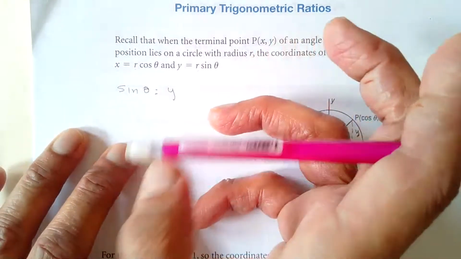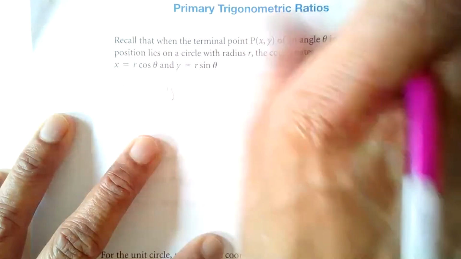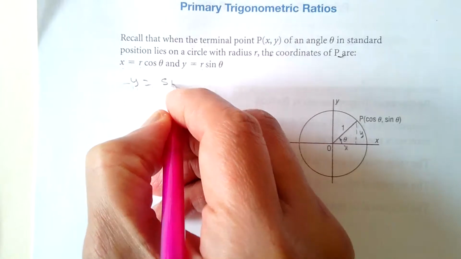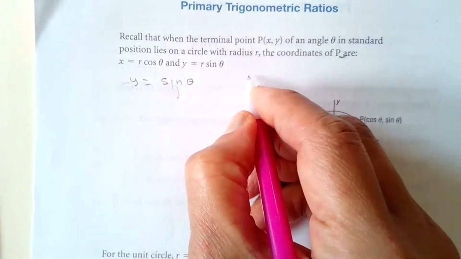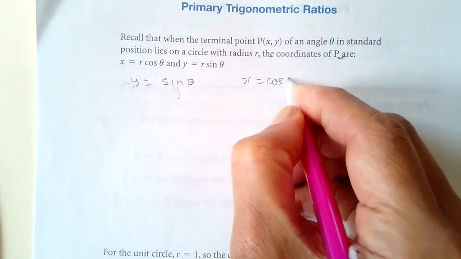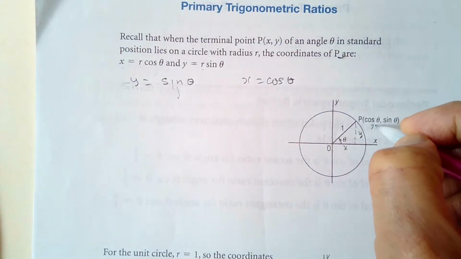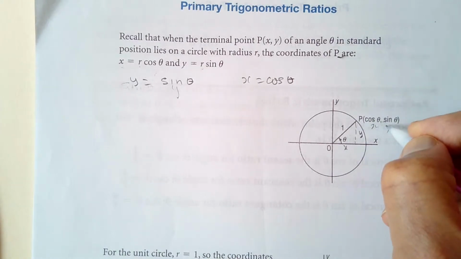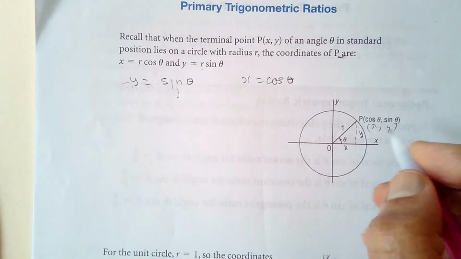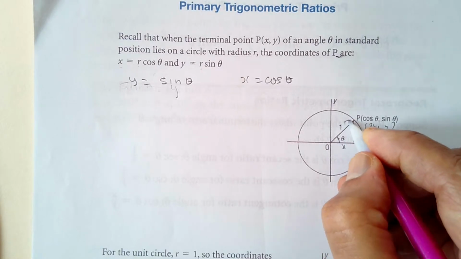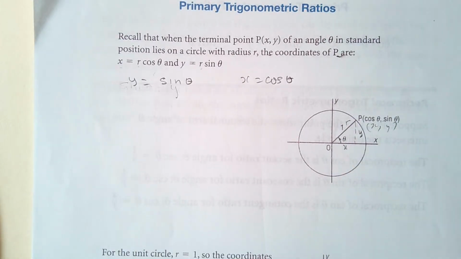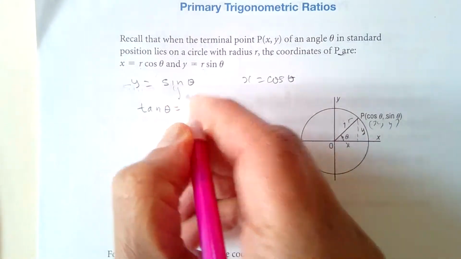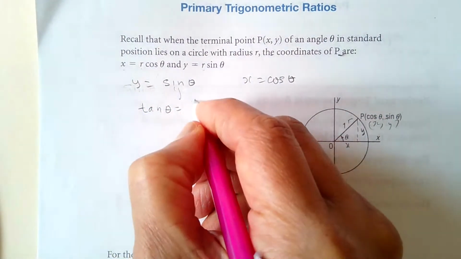Or you can write it the other way around: y is equal to sine theta, and x is equal to cos theta. That's why the x and the y become cos and sine theta here. So this is my x, this is your y, and that's theta. The radius is 1. And tangent is y over x.